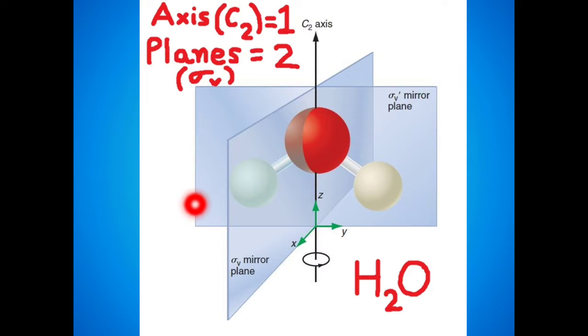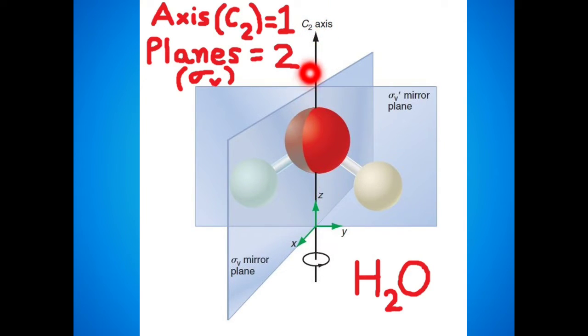You can imagine all these 3 atoms as a tennis ball or cricket ball, cut into 2 equal halves by this plane, and you will find that the 2 halves on either side are mirror images of each other. That's why it is called a mirror plane. Similarly, there is this sigma v plane, which only cuts the oxygen atom. So there are 2 sigma v planes and there is one C2 axis. What do we mean by this C2 axis?